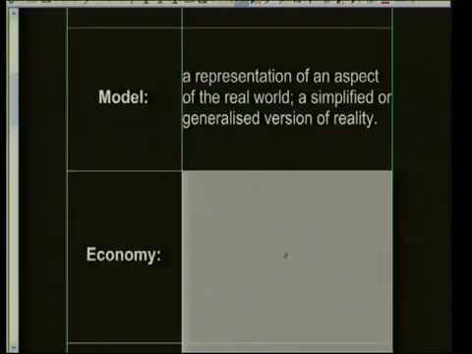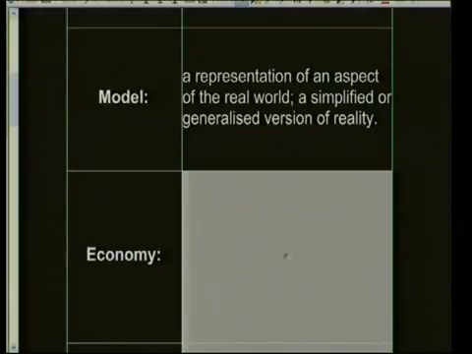One of the things that we look at in terms of our frameworks is we have certain models that development has been based on. And therefore, to understand these models, we need to know what is meant by the word model. If we look at our definition, it says, a representation of an aspect of the real world, a simplified or generalized version.